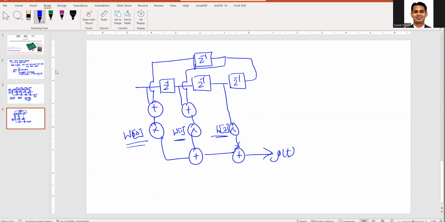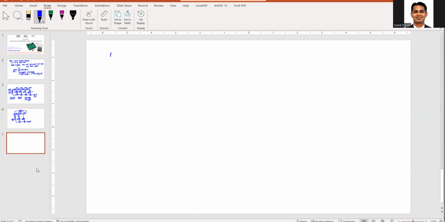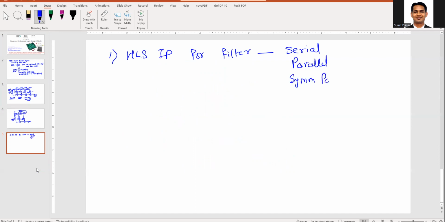Now, what we are going to do in this lab is first create an HLS IP for the filter. We are going to create 3 HLS IPs. One is for the serial filter, one is for the parallel filter, and one is for the symmetric parallel filter.